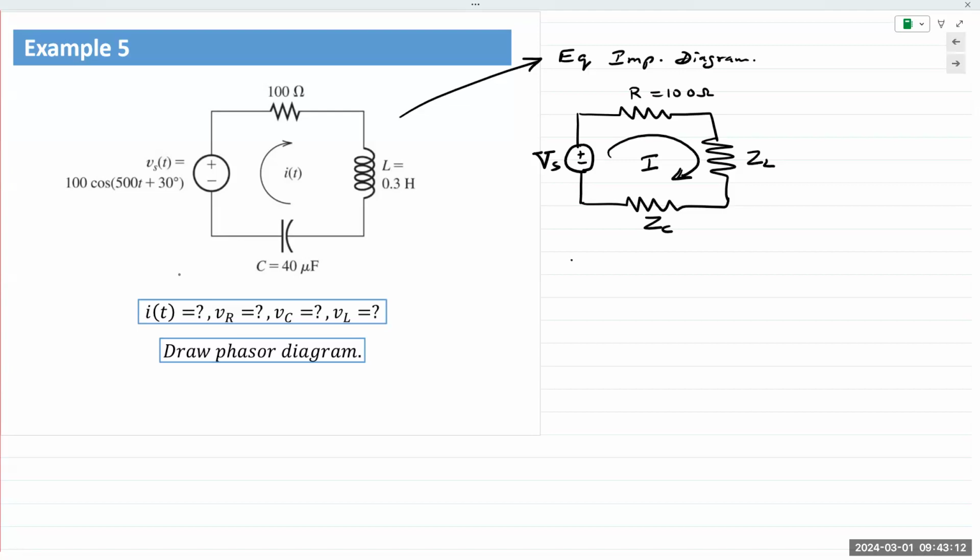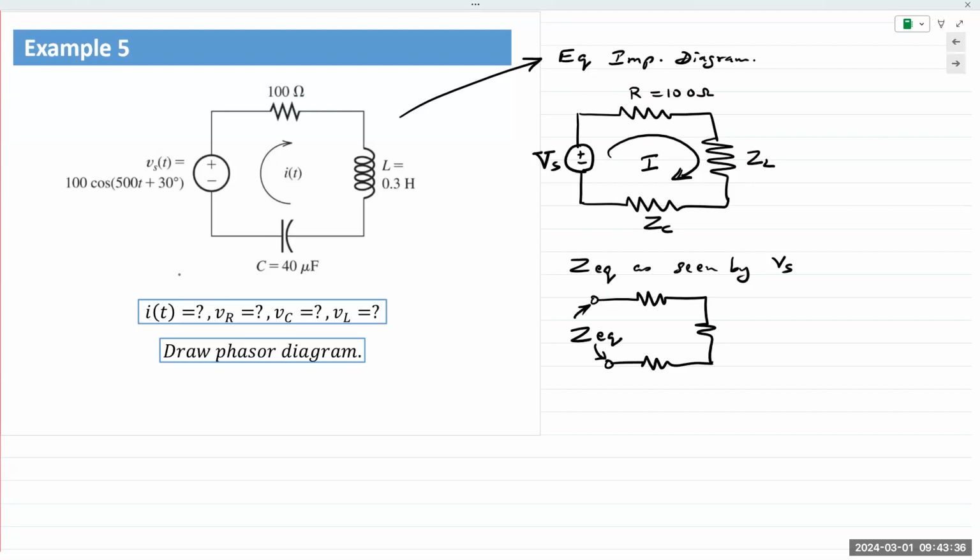So I would find ZEQ as seen by the source Vs. That would be three impedances and ZEQ between these two terminals.